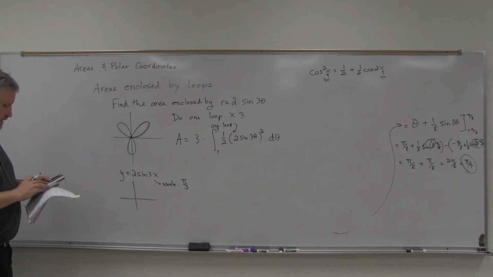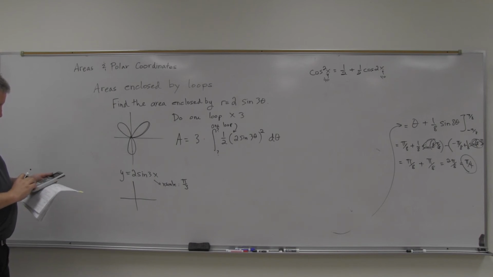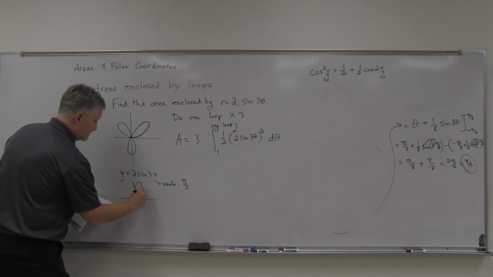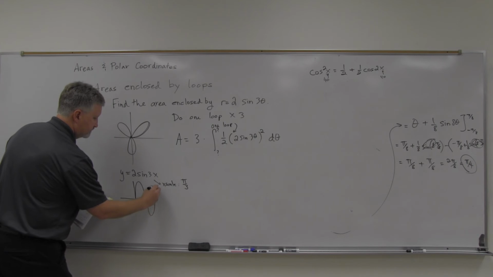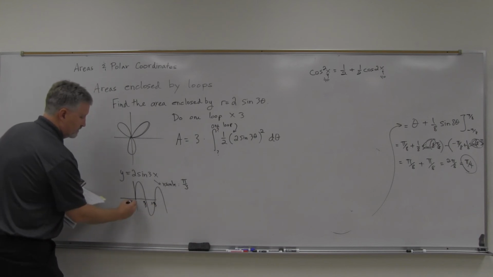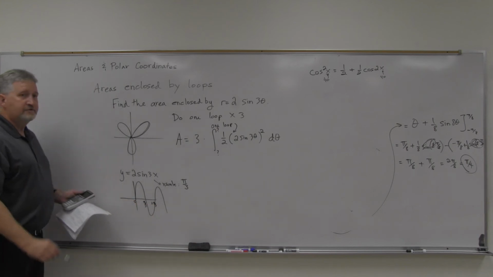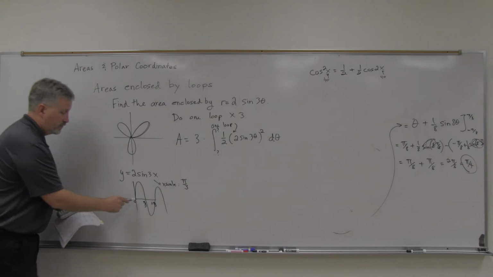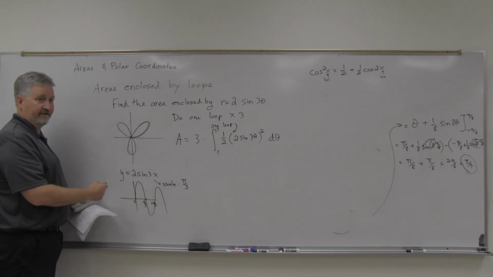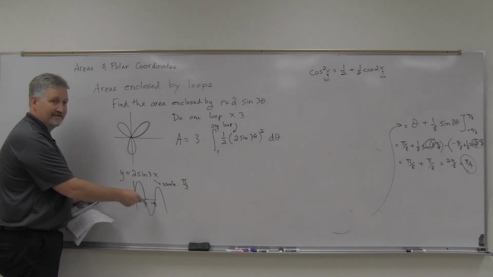So x scale pi over 3. We should be able to figure this out. Oh, it's right at the pi over 3's, isn't it? It's at 0, pi over 3, and then 2 pi over 3. So one loop would be from one to the other. You have your choice here. I think the obvious choice would be 0 to pi over 3.